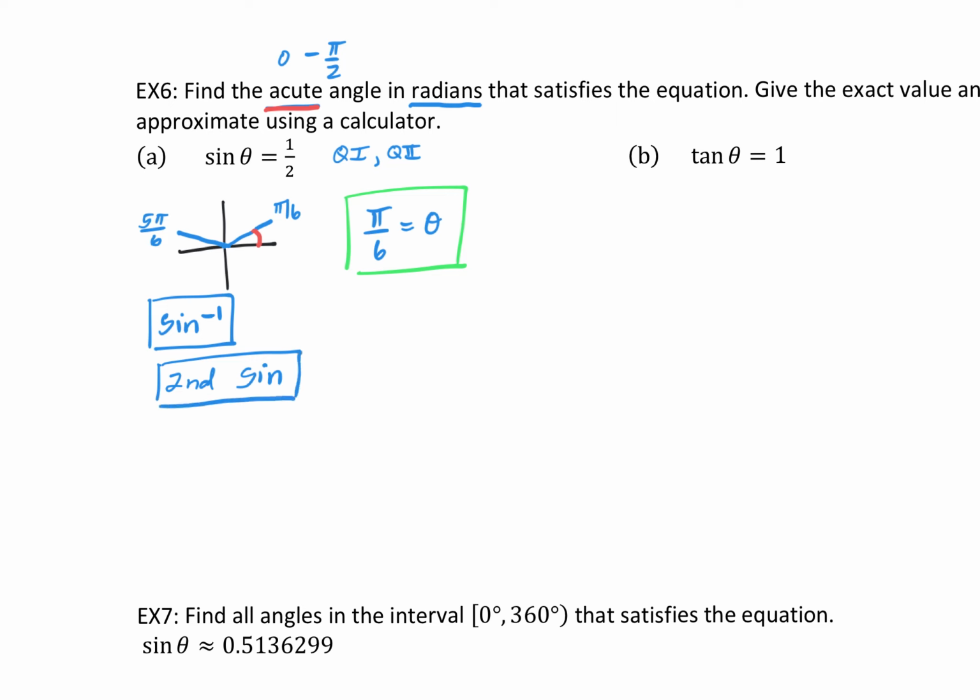And what that does is it allows you to, for example, if you did have second sine, and it depends on your calculator. In my calculator, if I did second sine, I would then do the 1/2 and equal. But in other calculators, it is the other way around. You would put the value 1/2 in first and then do second sine.